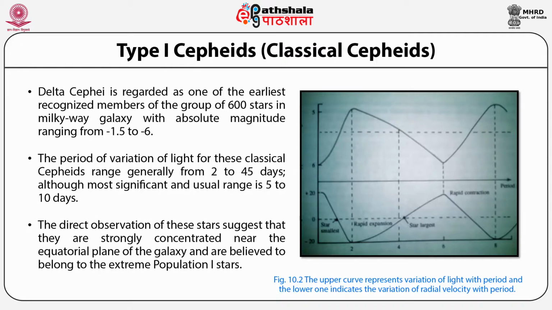Now we have a light curve here. In this light curve, the upper curve represents the variation of light with period, and the lower one indicates the variation of radial velocity with period. Before we proceed, what is a light curve?